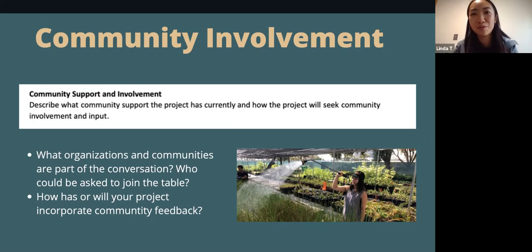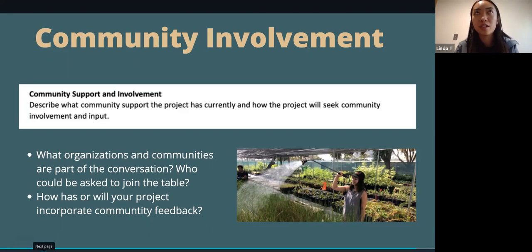So we want to see that you've done your work to scope out whether this is something that people want, whether people are involved in this, or, if you're a new project starting up, how you're going to get input from community members. Are you flexible? Can you take that input and really make your project better?